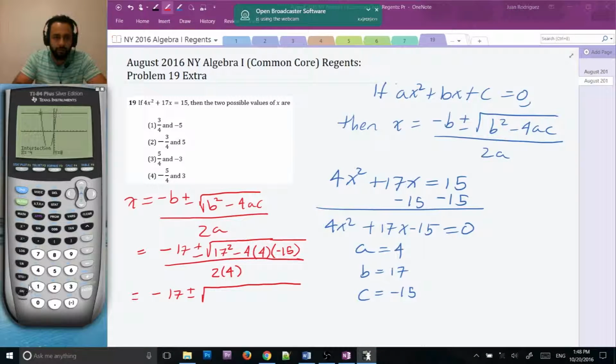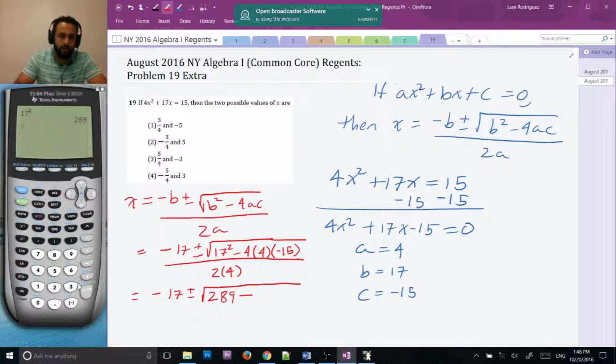17 squared you could do on the calculator. 17 squared is 289. 289 minus, let's see, 4 times 4 times negative 15 is negative 240. So I'm subtracting negative 240.